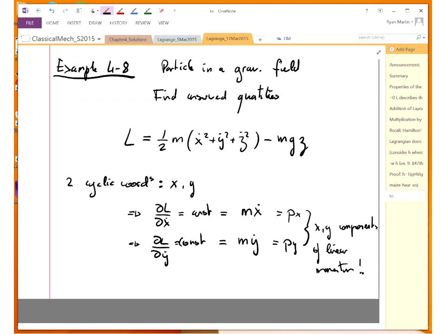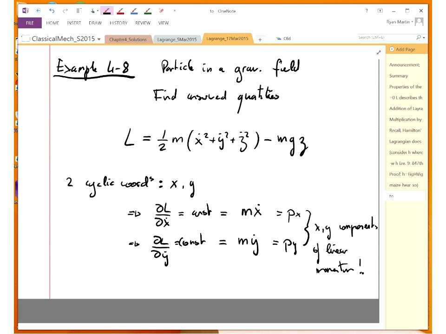There's one more conserved quantity here, right? So there's the two cyclic coordinates, but then L does not depend explicitly on time. So we expect the Jacobi integral h to also be conserved. And in this case, the potential energy does not depend on the velocities. The kinetic energy is quadratic in the velocity.